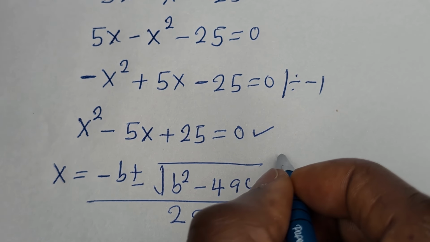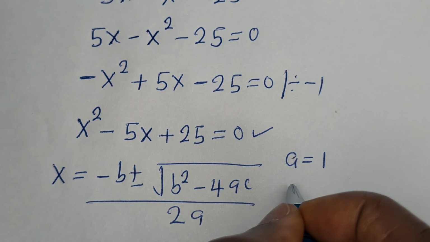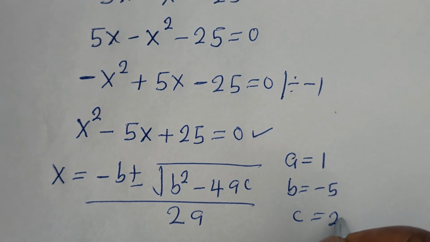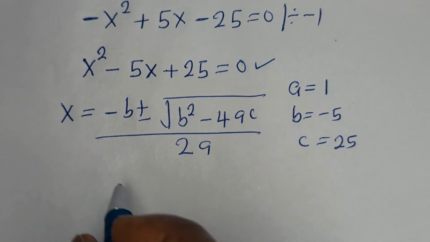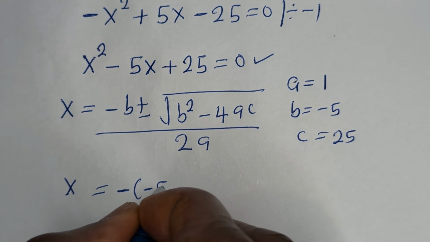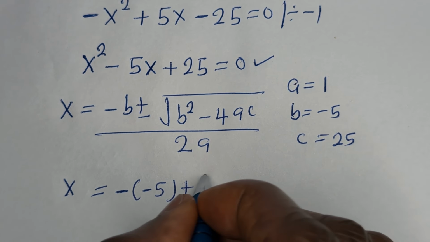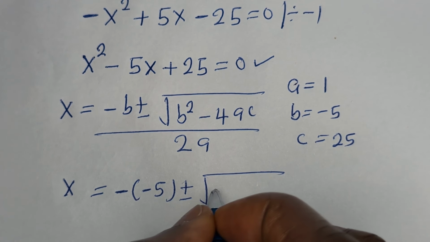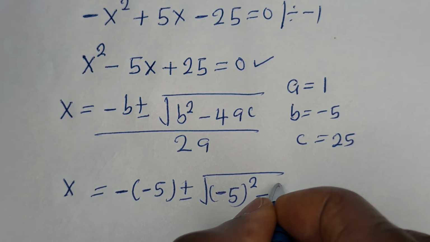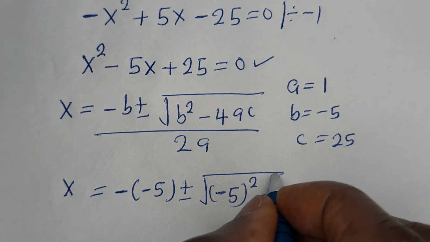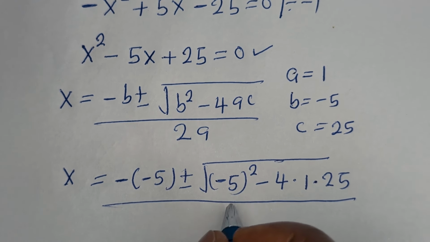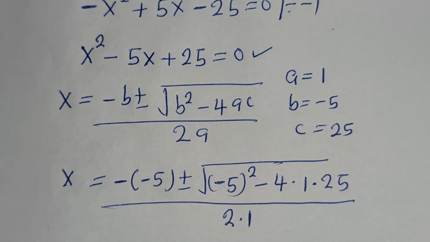And from this equation, a is equal to 1, b is equal to minus 5, c is equal to 25. x is equal to minus bracket minus 5 plus or minus square root of b square, that is minus 5 square, minus 4 multiplied by 1 multiplied by c, which is 25, over 2 multiplied by 1.